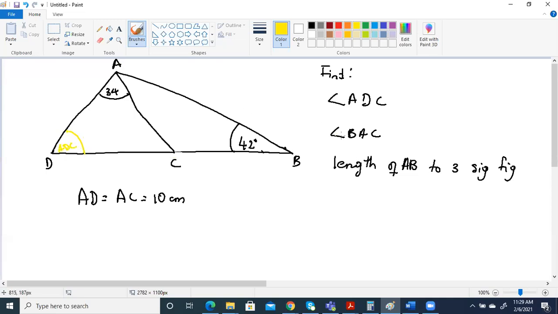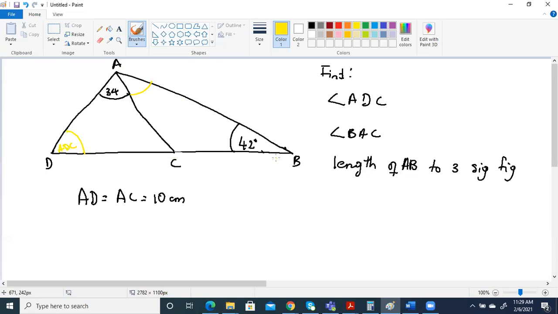And then you're being asked to find BAC, which is this angle here, right? So that's what you're asked to find in terms of angles. And then you're being asked to find the length of AB, this length here, to three significant figures.